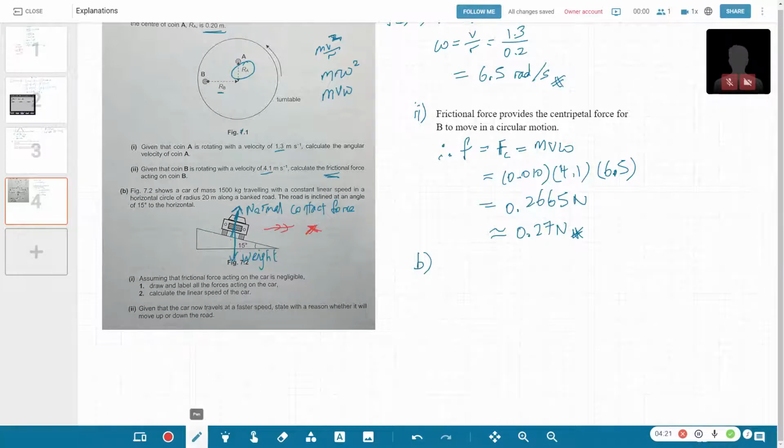So let me just redraw the forces again. You have your weight that is downwards, and then you have your normal contact force that is slanted. We know that it's going to be 15 degrees here.